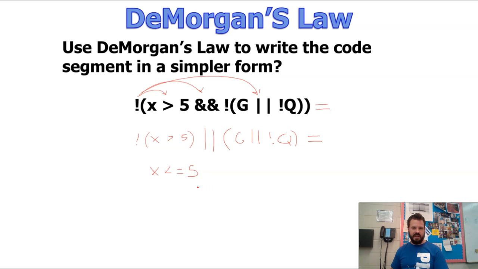So this will simplify down to x is less than or equal to 5, or, in parentheses, G or not Q. And then the last thing we can do, since there's no order of precedence between these two ors, is just say x is less than or equal to 5, or G, or not Q, and get rid of all those parentheses.